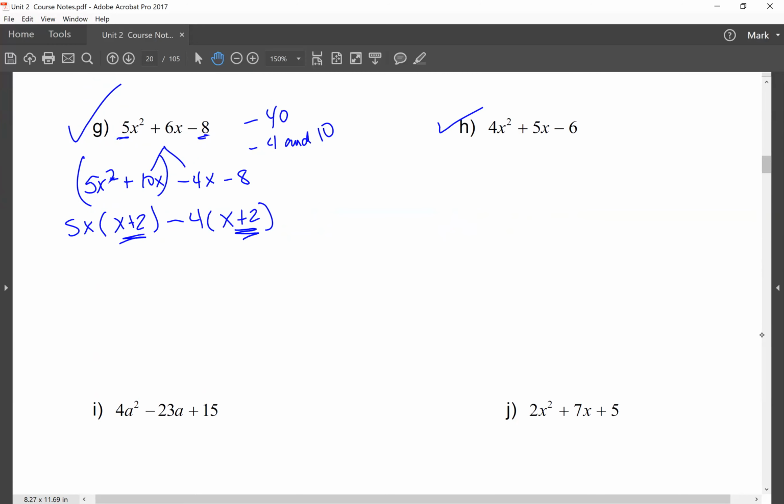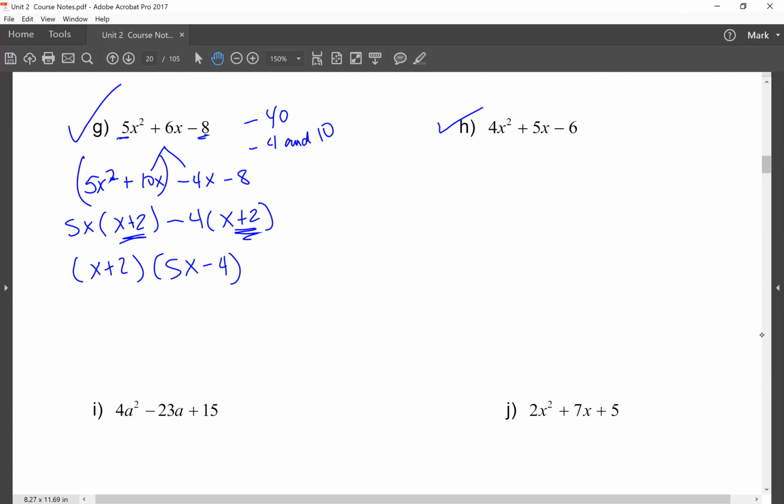It has to be the same. This isn't a coincidence. And by the way, if you missed class yesterday, you might be a little confused at this, but with a little bit of practice, this is pretty straightforward. So x plus 2 and 5x minus 4. And that's it. We have factored this trinomial.